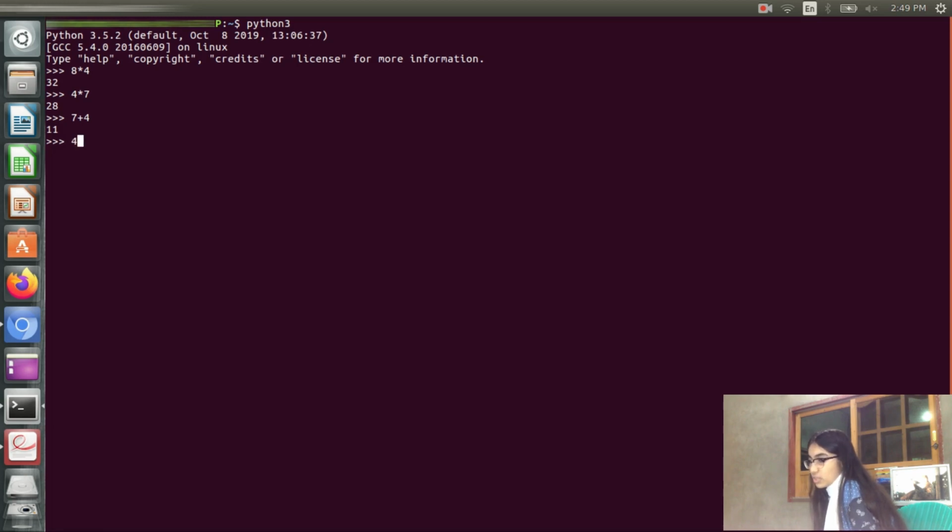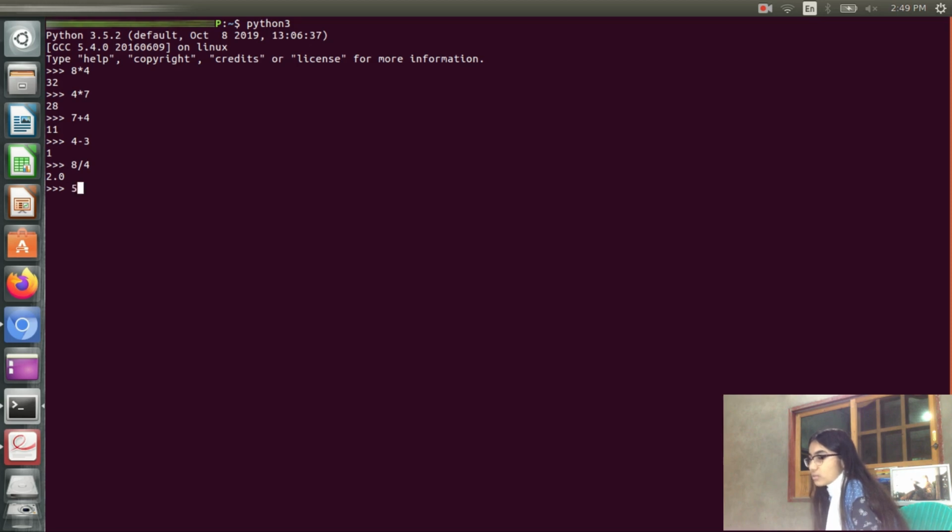If we do subtraction like 4 minus 3, it is equal to 1. Whenever you want to divide two numbers, you don't use the division sign, you use the slash sign. Here 8 divided by 4 and the answer is 2.0. All the answers are the simple multiplication, division, addition and subtraction.